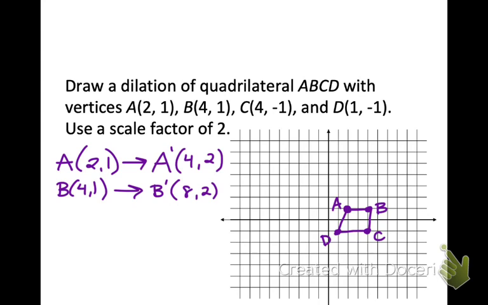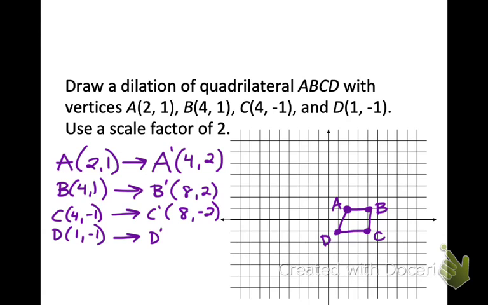Good. If C was at 4, -1, then the image of C would be 8, -2. And if D's original was at 1, -1, then the image of D would be at 2, -2.